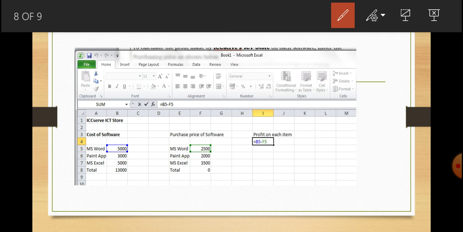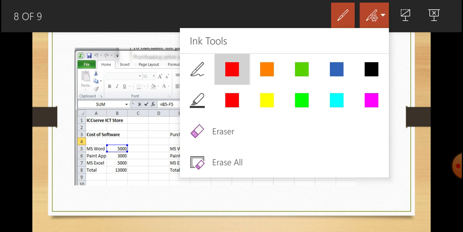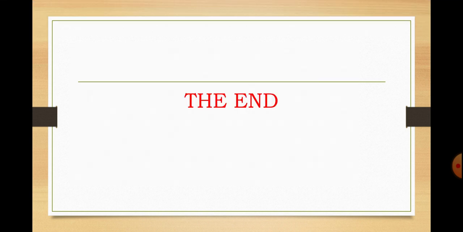That will give us the profit. We would also say equals B6 minus F6, and then equals B7 minus F7. That will give us the answer that we are going to see in the next slide.